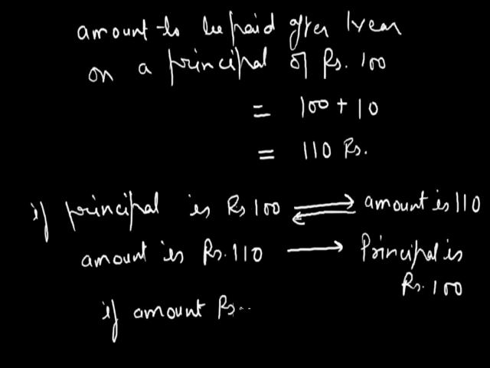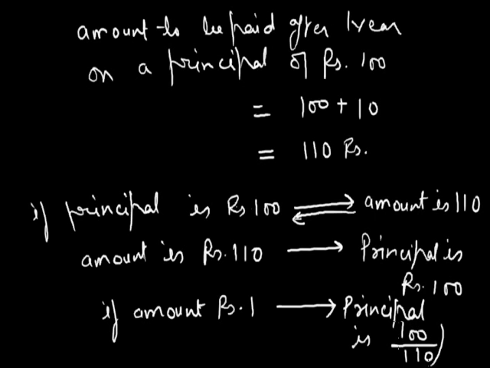Now if amount is rupees 1, then I can conclude using the unitary method that principal is equal to rupees 100 divided by 110. This is the principal if amount is rupees 1, and this whole case is discussed for a 1 year time period.